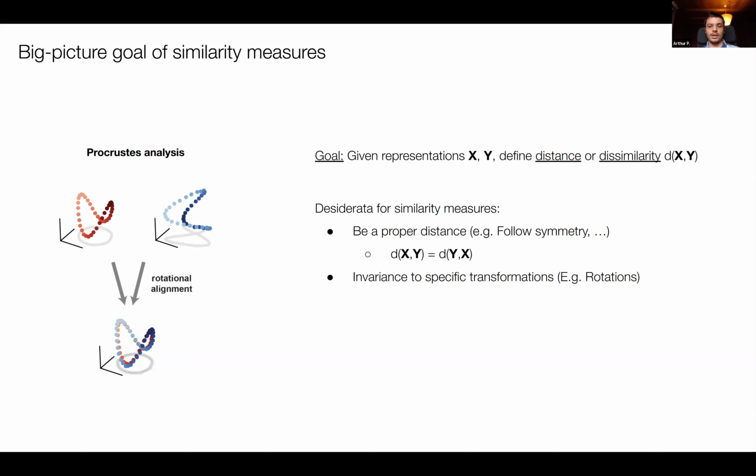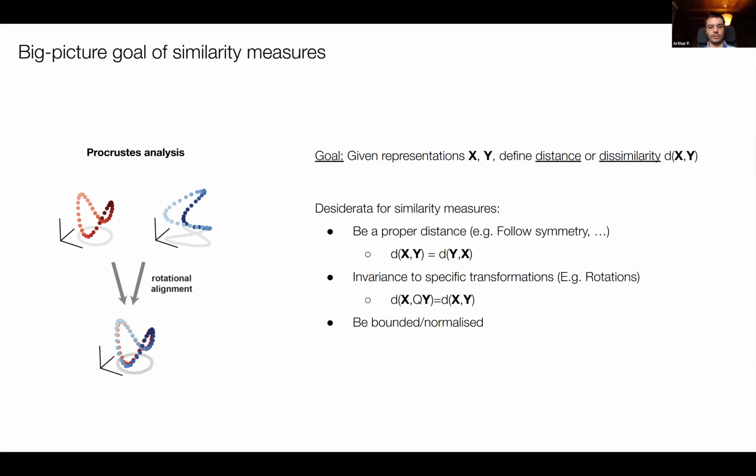I might also want it to be invariant to some transformations. If I have two networks whose activations only differ by a rotation or permutation, it probably means that these two networks are performing very similar computations, meaning that I want the distance between x and some rotated neural space times y to be the same as the distance between x and y.